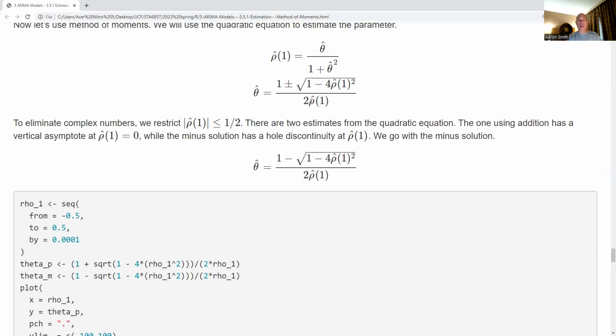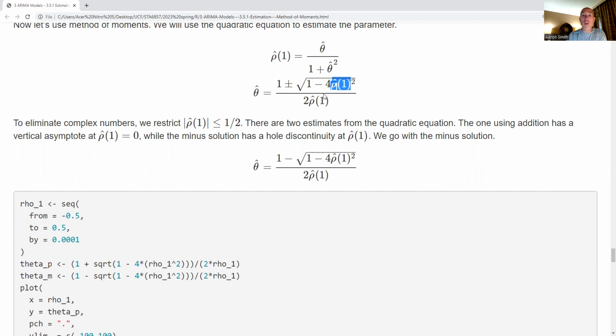If I put a plus sign here and I start considering what happens when this is equal to 0, then I'm going to get a vertical asymptote on this function here. Now, if I put in a negative sign and I plug in 0 for my estimate of the autocorrelation, 0 is still outside of what can be put in there, but the discontinuity is just a hole. All right, so if I take the limit one more time, we're taking it to the limit one more time.